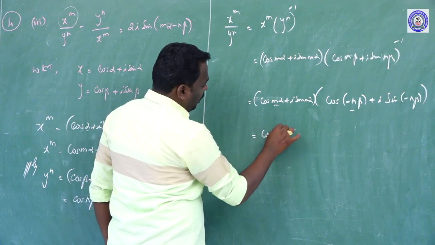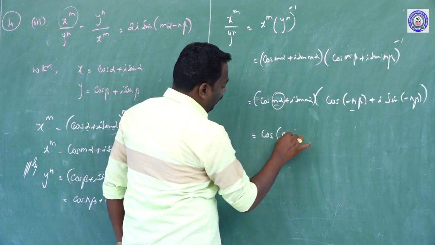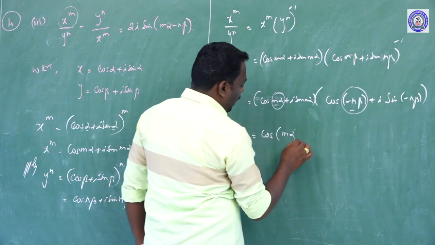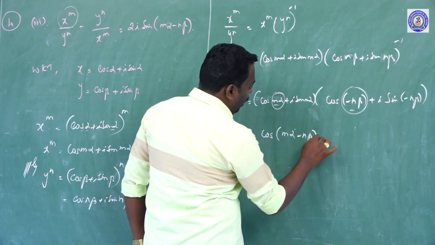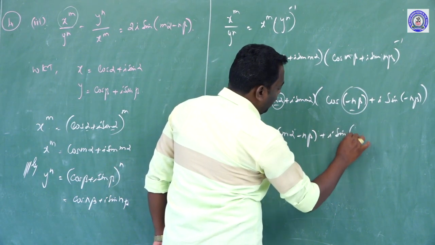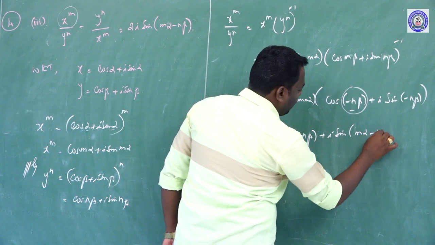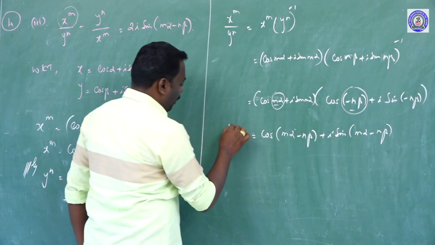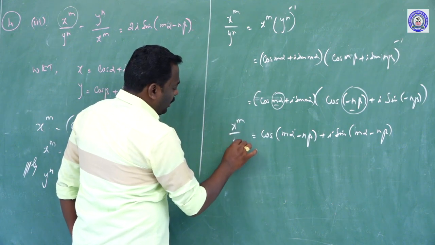Therefore it is cos(mα − nβ) + i sin(mα − nβ). That is the x^m / y^n value.